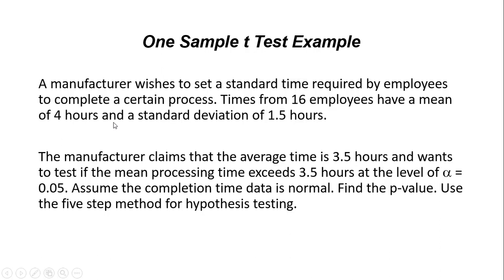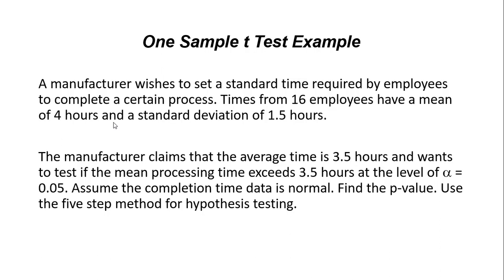Okay, so let's start with our first example, a one sample t-test. Suppose that a manufacturer wishes to set a standard time required by employees to complete a certain process. Times from the 16 employees have a mean of 4 hours and a standard deviation of 1.5 hours.